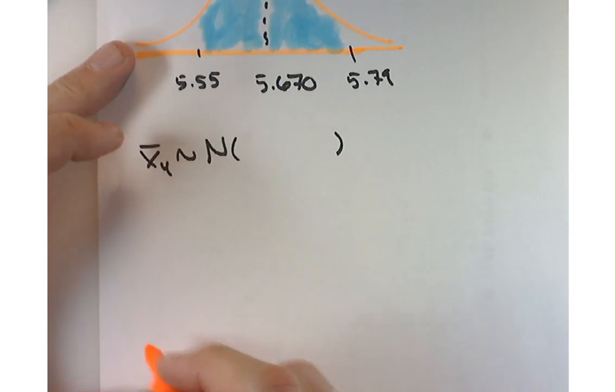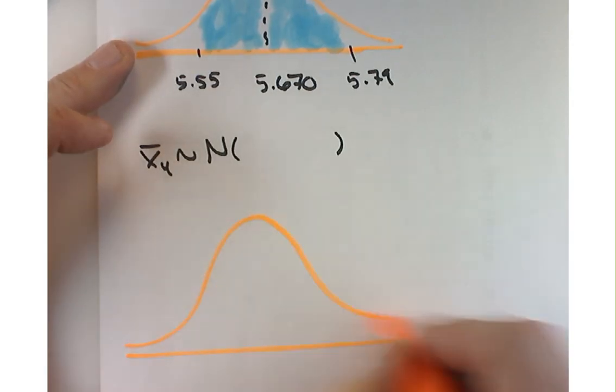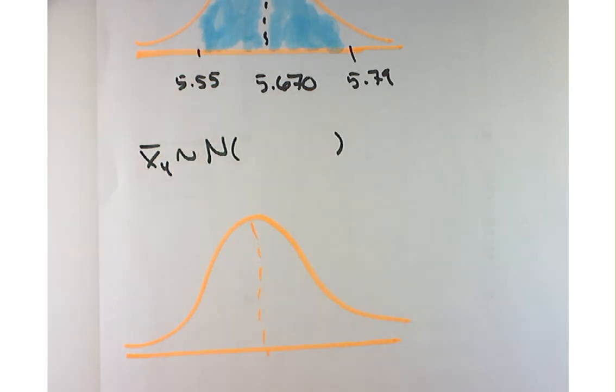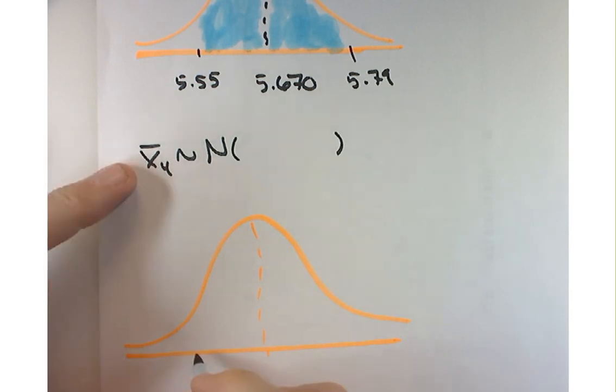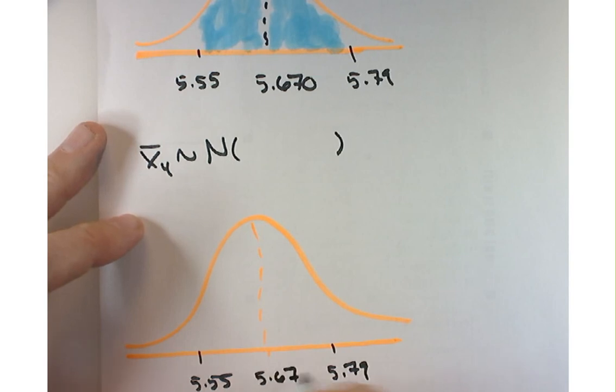We're still going to want the probability calculation modeled in the above problem. I want the area between 5.55 and 5.79. I'm being lazy and not putting in the 0 here, 5.67.